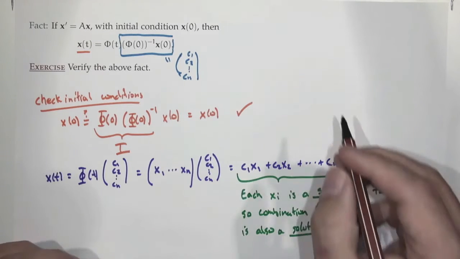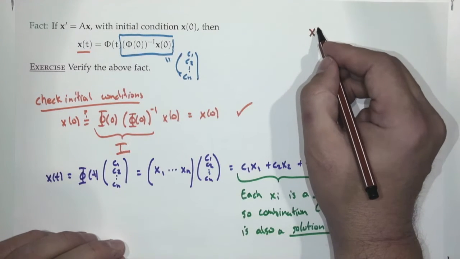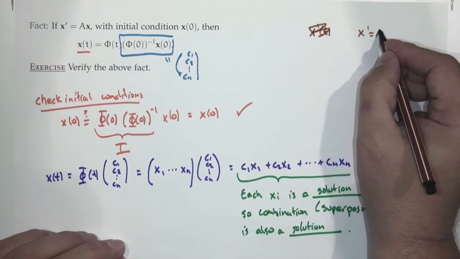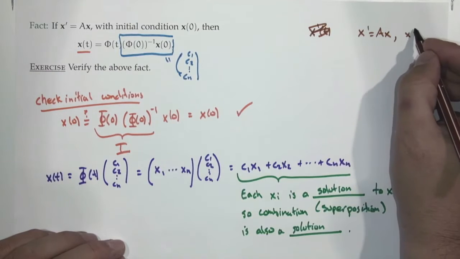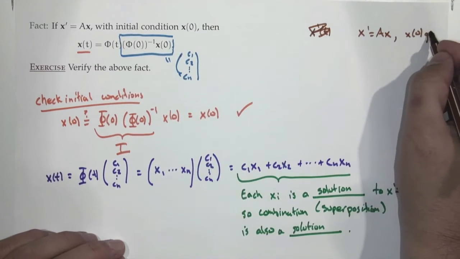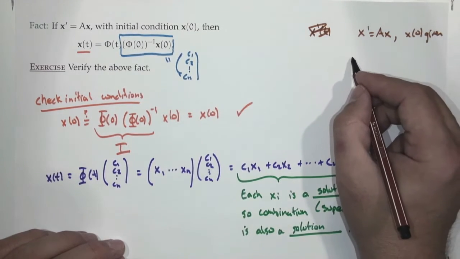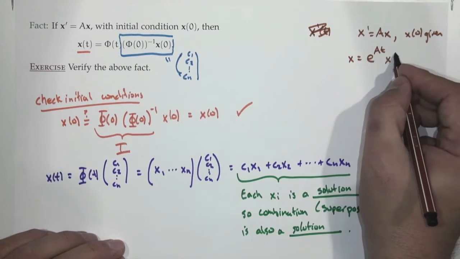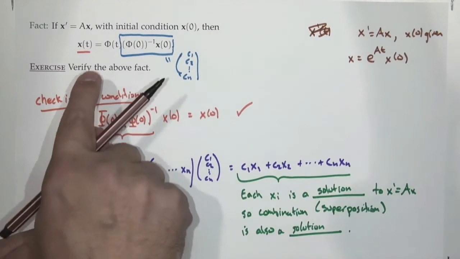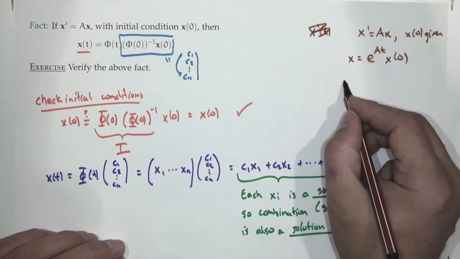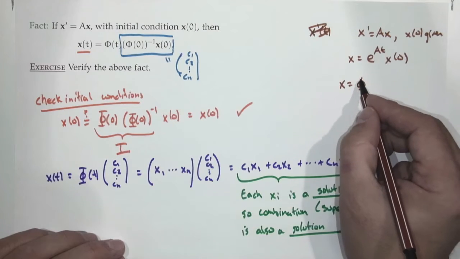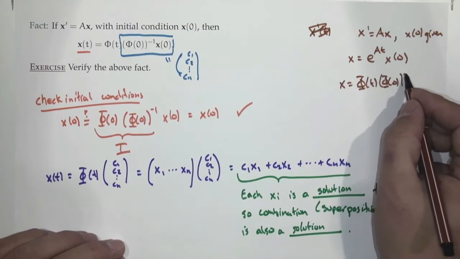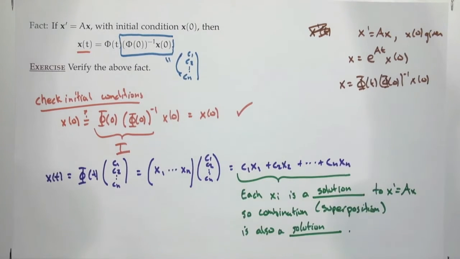Now, what does this all mean? Well, remember, we started by saying, hey, it'd be nice if given x prime equals Ax with x of 0 given, we wanted to say that x should look like e to the At x of 0. We've now shown that x is equal to phi of t, phi 0 inverse x of 0.